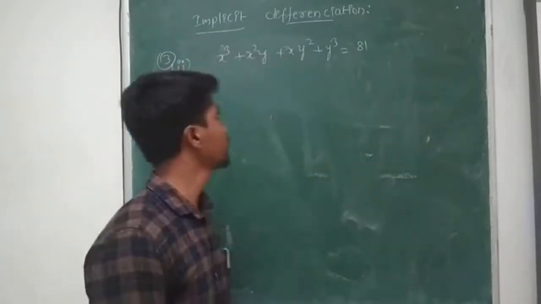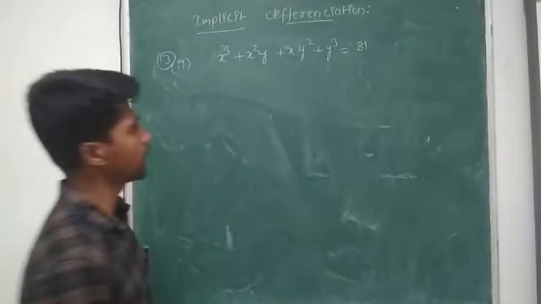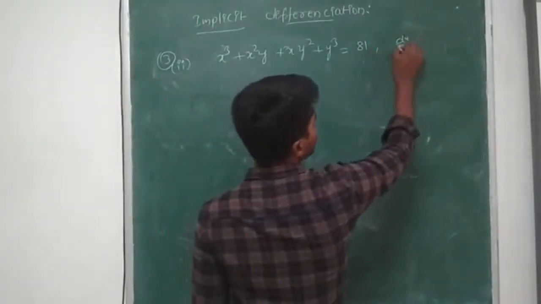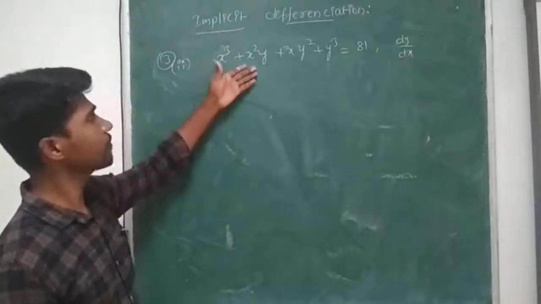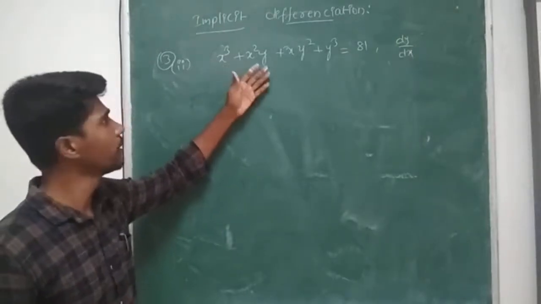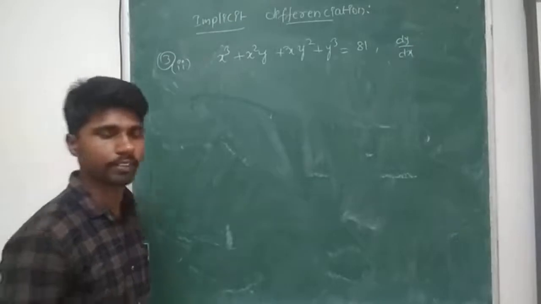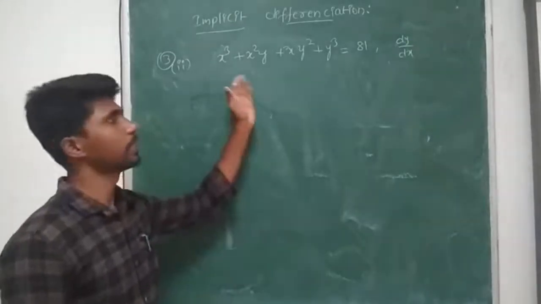So I want to find the differentiation of this with respect to x. They asked us to find dy by dx. So I regard y as a function in terms of x. That statement we have to write for all these types of problems.